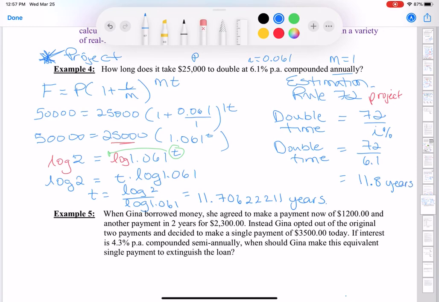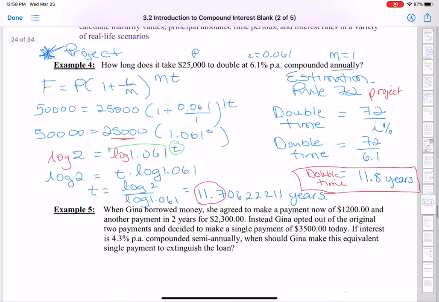All right, so what was the exact answer? Why, it was closer to 11.7. But this double time estimation is often good enough for our purposes when we're communicating with folks about how long it's going to take for their money to double.